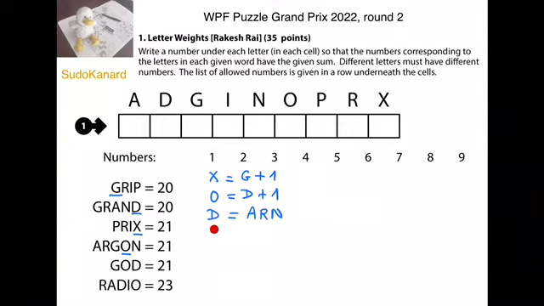So D has to be a reasonably big number, because ARN is the sum of 3 digits, and the minimum sum is 6, 1 plus 2 plus 3. So we know from this that D is greater than or equal to 6.